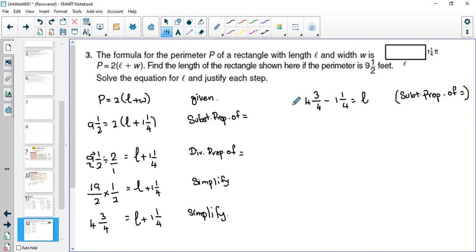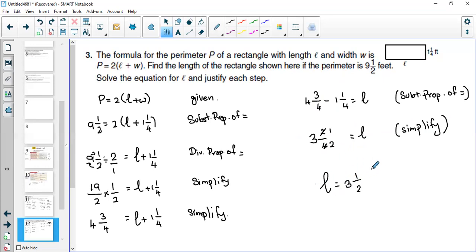Okay, then just you need to solve it. 4 minus 1 is 3, and 3 minus 1 is going to be 2 over 4, which when you simplify this, you are going to divide that with 2, so that's going to give you a half. So 3 and a half is going to be equal to L, and I have just solved it, which means it is simplified. So finally the answer is L is going to be equal to 3.5.